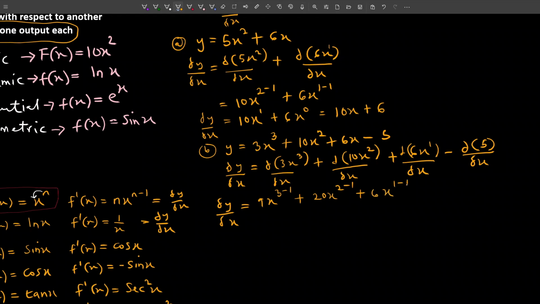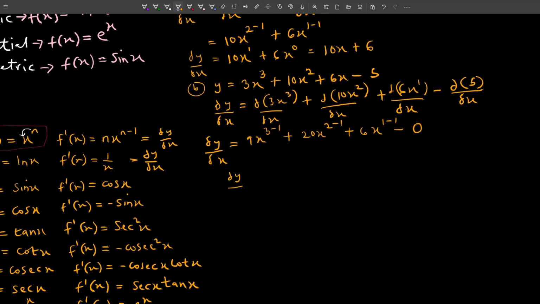raised to power 1 minus 1. And in this case, there's no independent variable. Let me bring this out. 5 can be written as 5x raised to power 0, but x raised to power 0 is still 1, so it's still giving 5. So the principle here is that 0 multiplies everything, so if 0 multiplies everything, what do you have? 0. So differentiation of a constant gives you 0.